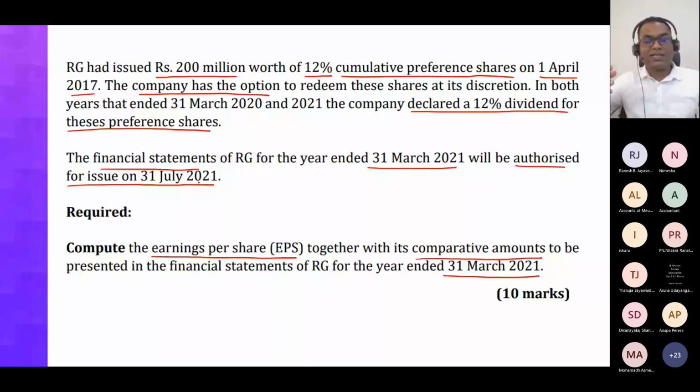Yet again, this is a change in the number of shares without a corresponding change in resources, so it has to be adjusted retrospectively. It happens in the next year, but it has happened before the financial statements are authorized for issue in the current year. So this has to be considered as an adjusting event. You need to calculate how many shares are issued without changing any corresponding resources in the next year, take that number and include it in the computation of the current year.